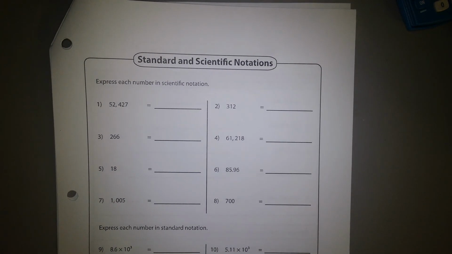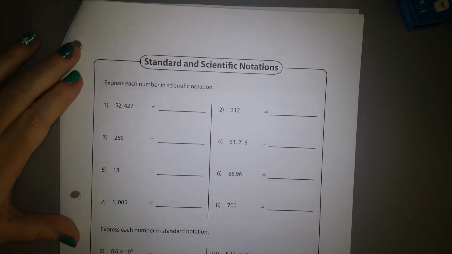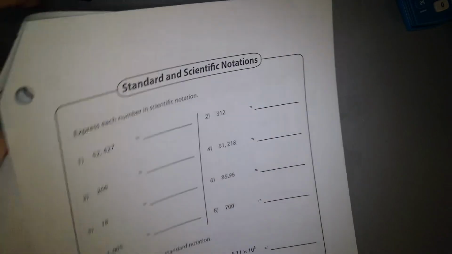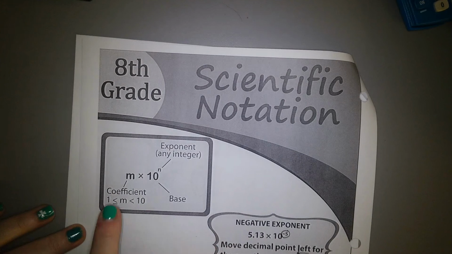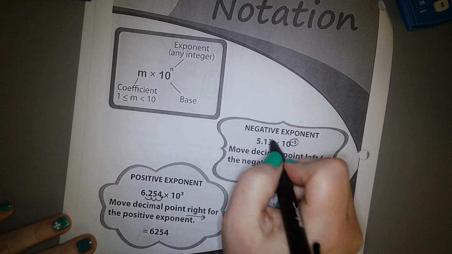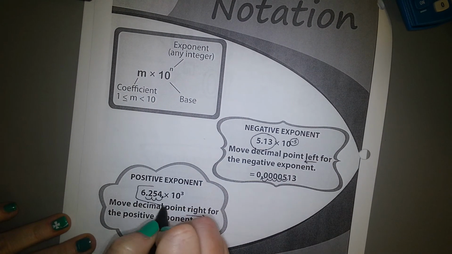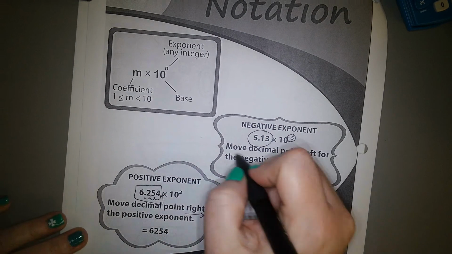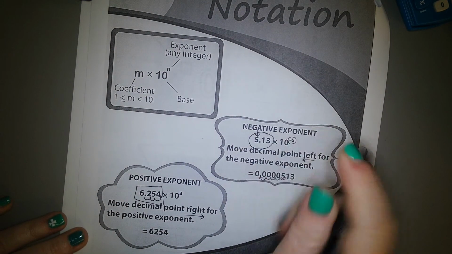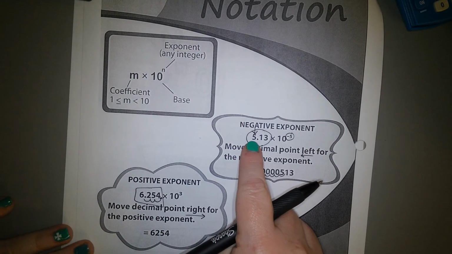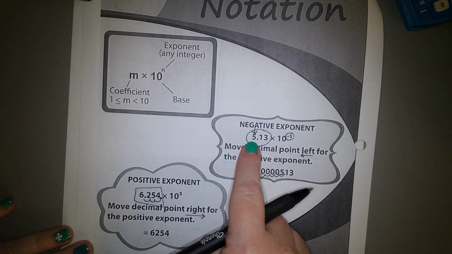So when you convert something into scientific notation, your number in the front, where your decimal is, should be between 1 and 9.